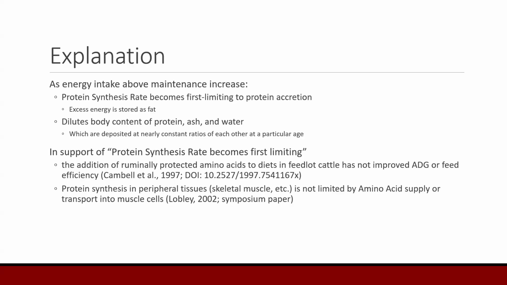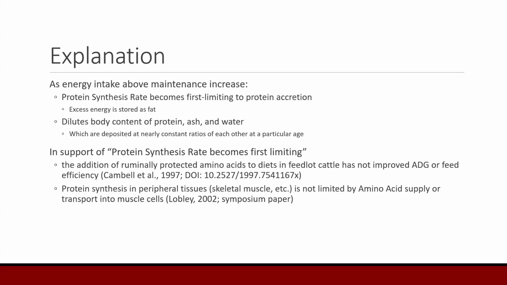So what is the major storage of minerals in the body? Muscles. Where do we have most of our minerals in the body stored? Bones. Yeah, skeletal system. Okay. So if we're diluting protein, ash, and water, not only are we decreasing muscle, but we're decreasing skeletal bones, and so we're decreasing frame size. Does that make sense? Okay.